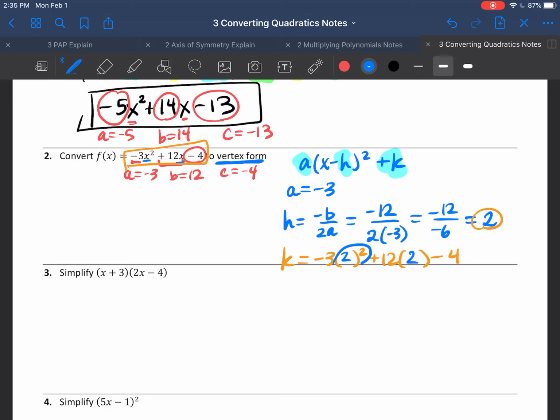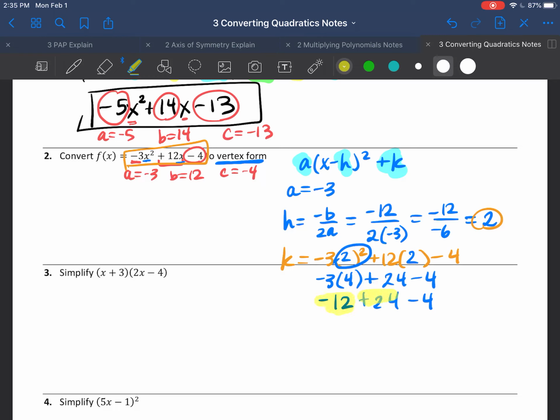Okay, remember order of operations, we have to square first. So leave the -3 alone, square the 2 and you get 4. 12 times 2 is 24. Now we can multiply. -3 times 4 is -12. Plus 24 minus 4.